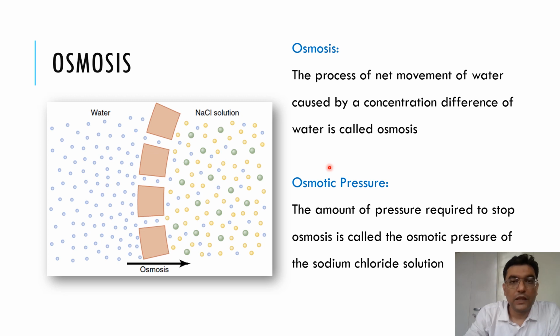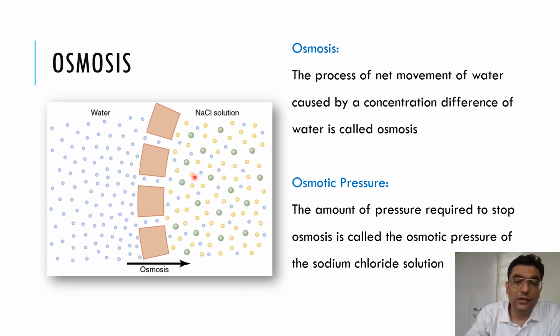We all know that, but what is osmotic pressure? If we apply pressure on the sodium chloride solution side, then the osmosis of water into the solution would be slowed, stopped, or maybe even reversed.